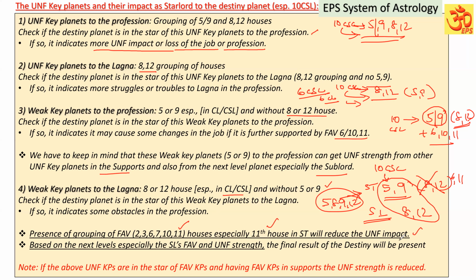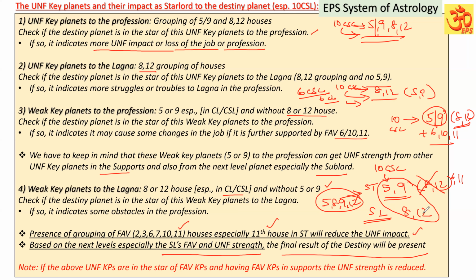So based on the next levels, because we are talking about the planet and star lord level only, then the star lord of the star lord, the sublord and the star lord of the sublord are also there. So based on the next levels, especially the sublord's favorable and unfavorable strength, the final result of the destiny will be present. Suppose the star lord is weak, and the sublord is also unfavorable. As I said, if the sublord is forming grouping, it is going to be unfavorable and the strength is going to be increased.